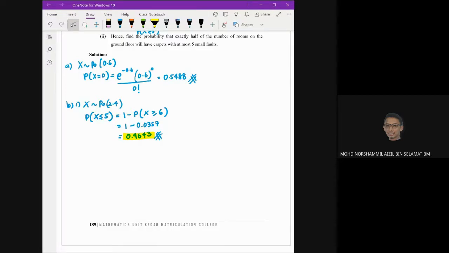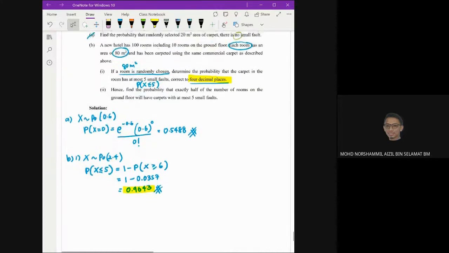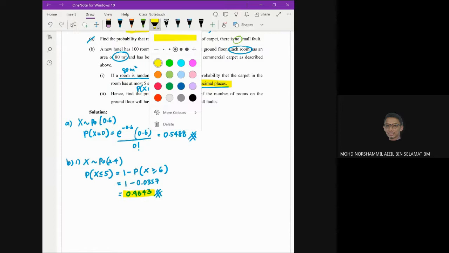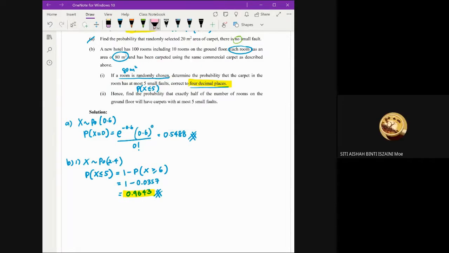Bilik tadi kejap. Total bilik ada berapa ni? Room. 100. 10 rooms. 10 rooms saja yang dia pakai ni kan? Kapet kan? The new hotel has 100 rooms including 10 rooms on the ground floor.